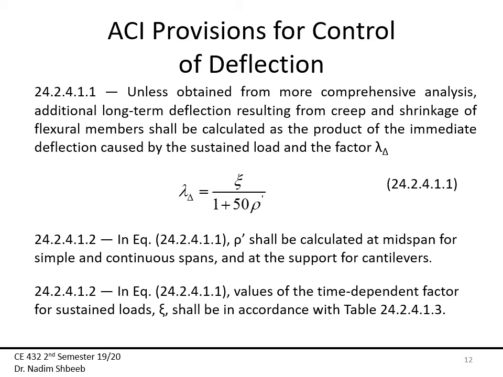One more thing is how I'm going to calculate the long-term deflection. Well, for the long-term deflection, I take the deflection that I calculated due to the sustained dead load, and then I multiply this by that factor, and this factor has xi, which is a time factor, which I'll show you in the next slide. Rho prime is simply the reinforcement of the compression area, which is just A prime s over b d, provided we have compression reinforcement.